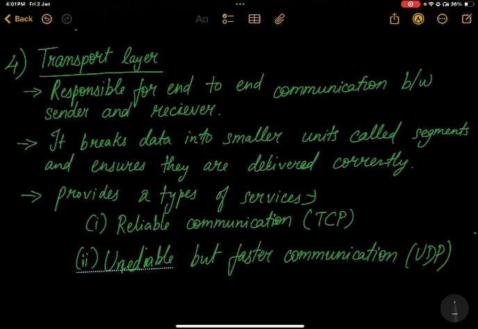In contrast, UDP has no such guarantee, but the transmission is faster. It also performs flow control and error recovery, ensuring the data arrives without loss or duplication.